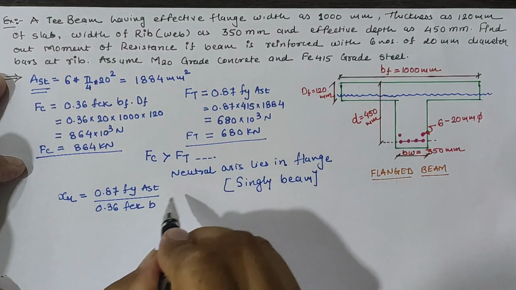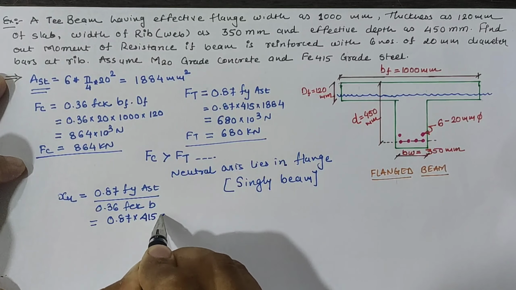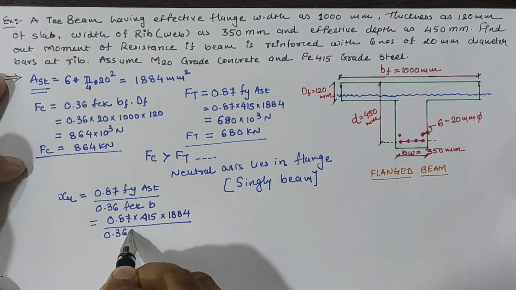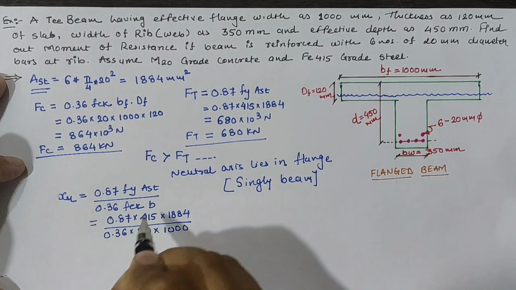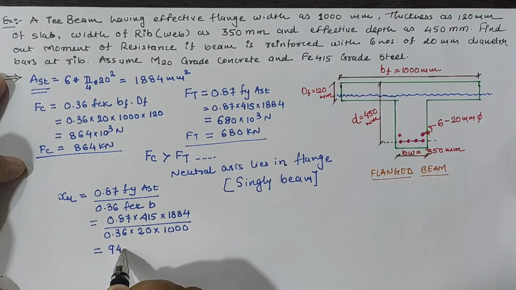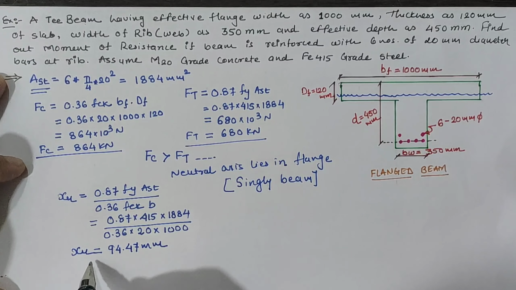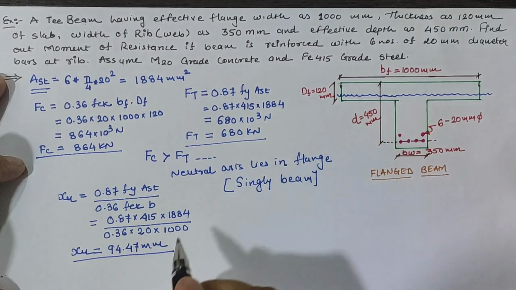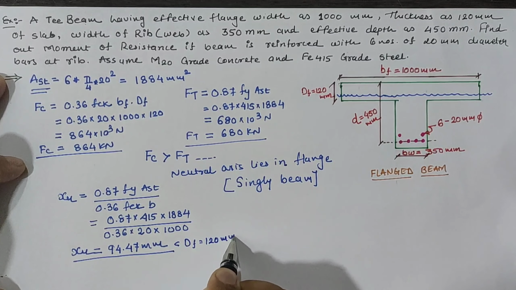So let us put the values, which is equal to 94.47 mm. So our value is 94.47 and the depth of the flange is given as 120, which is greater than 94.47. It means it is okay.